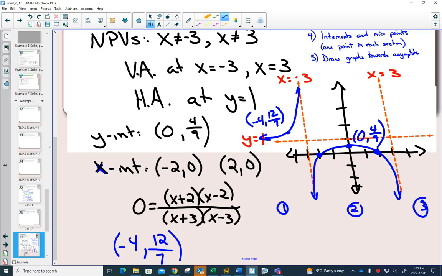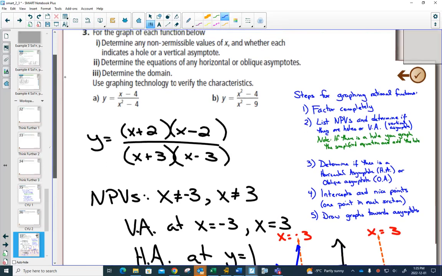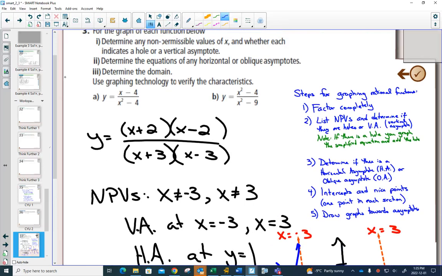And finally, we need a point in the third section. Okay? As a shortcut, if I look at the original equation, can you see that plugging in positive 4 does the same thing as plugging in negative 4? Because when you square it, it's going to be 16.